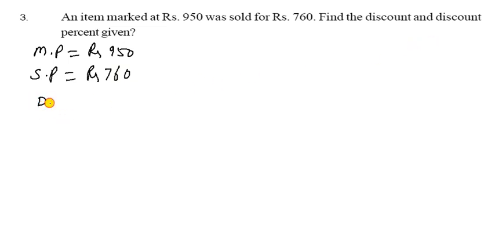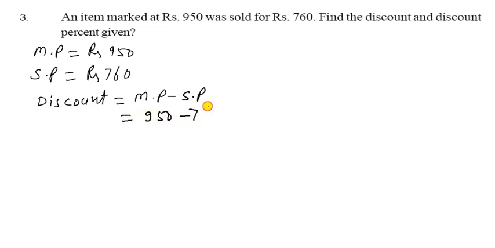First of all, calculate discount. Discount is equal to mark price minus selling price. Mark price is 950 and selling price is 760. Now subtract: 0 minus 0 is 0; 15 minus 6 is 9, and here 8 becomes 1; 8 minus 7 is 1. So the discount is 190.